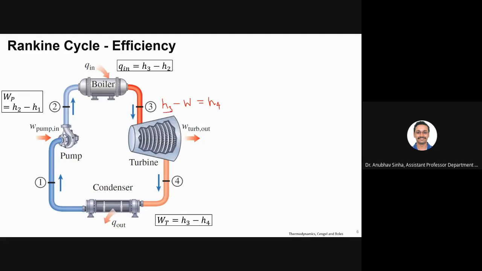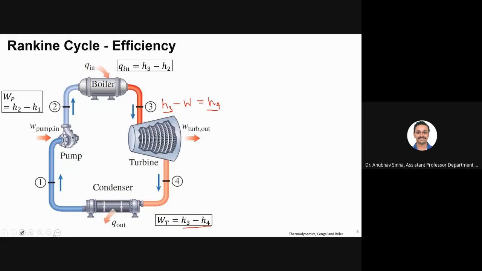At H3, we extracted some energy, we removed some energy, and then we are going to H4. So if you rearrange this, this will become WT. If you take H4 to this side, it becomes W is equal to H3 minus H4.